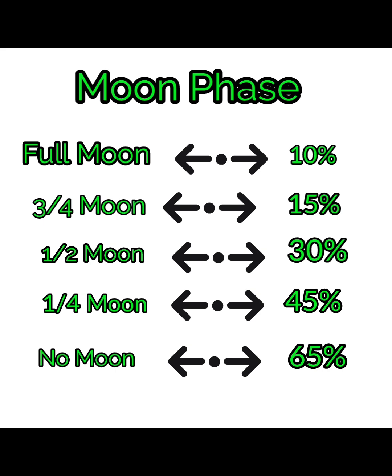Now, the problem with the quarter and the 3/4 is that most records don't show if the moon was waning or waxing. So it could be 3/4 and 1/4 are both at 45%.